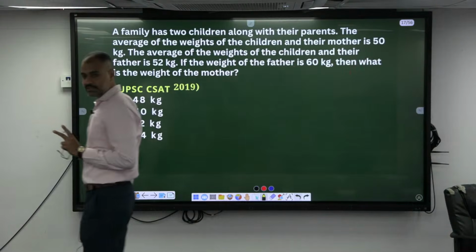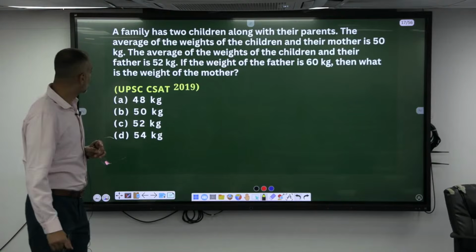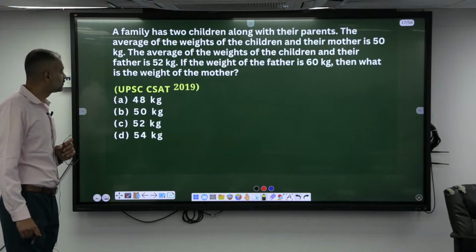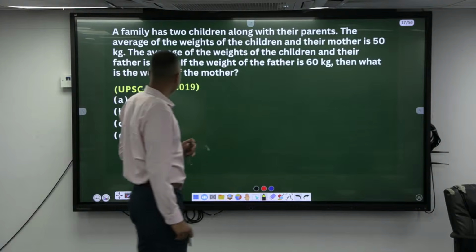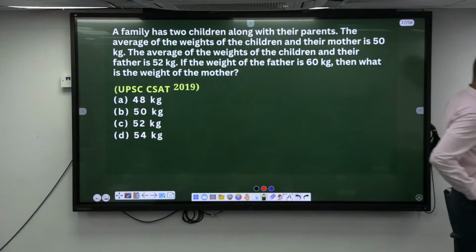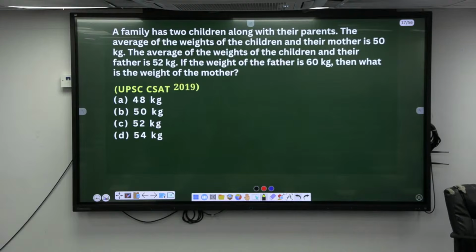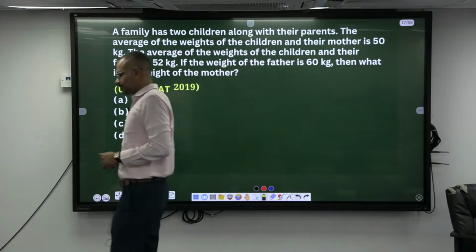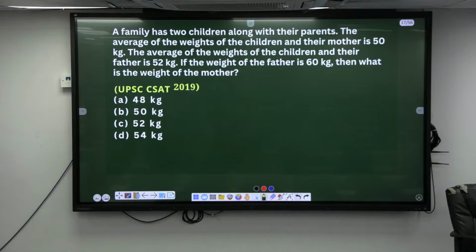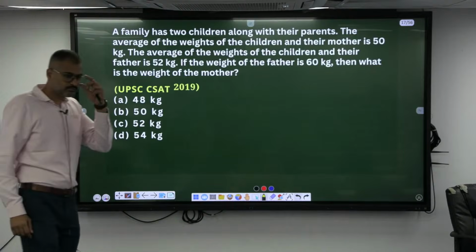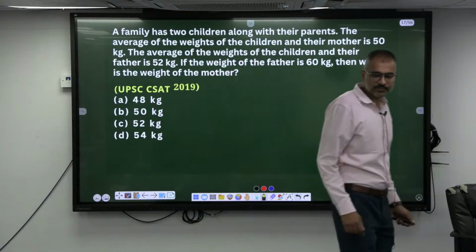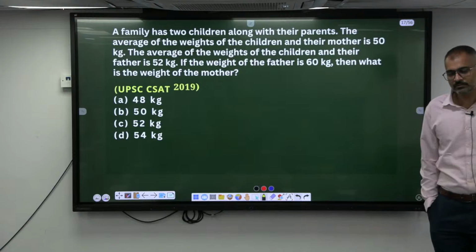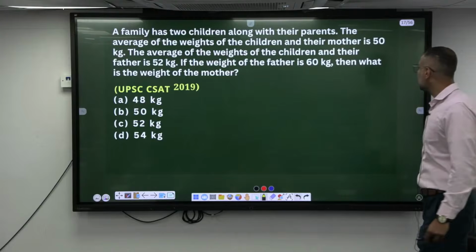Consider the children as X and Y, parents as A and B. Afterwards, take out X, Y and A. A is the mother, their average is 50.